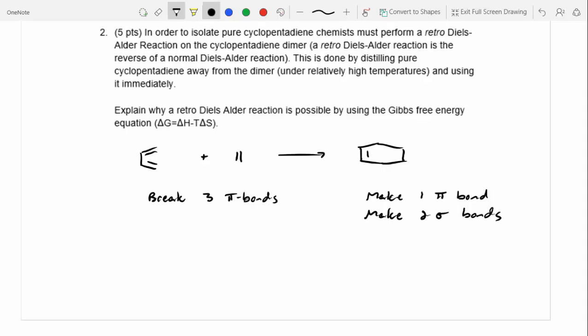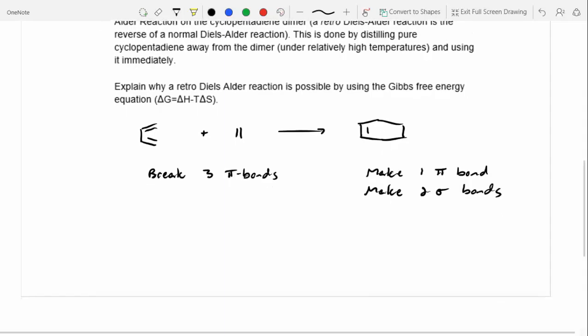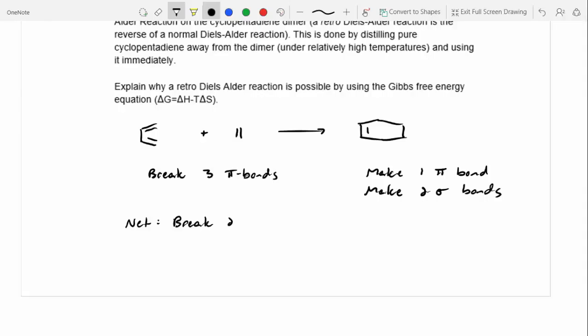Well, let's think about this. For this forward reaction, for a normal Diels Alder reaction, the net is going to be that we break 2 pi bonds, and we're going to make 2 sigma bonds.